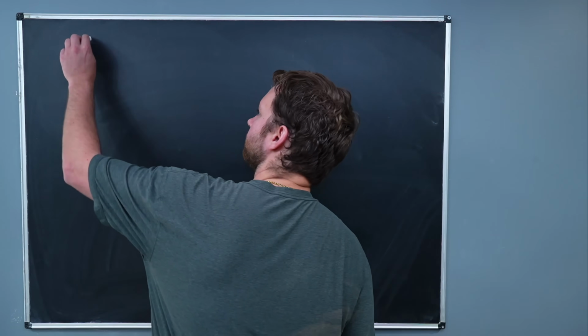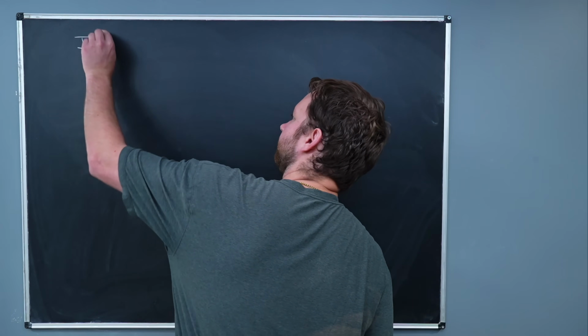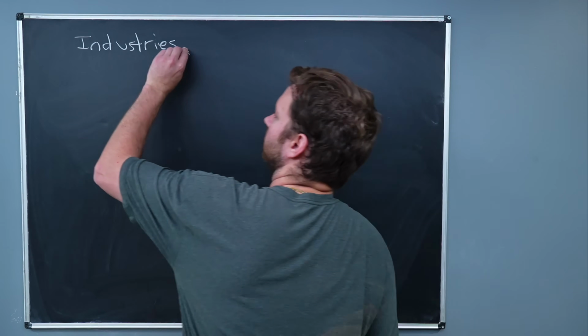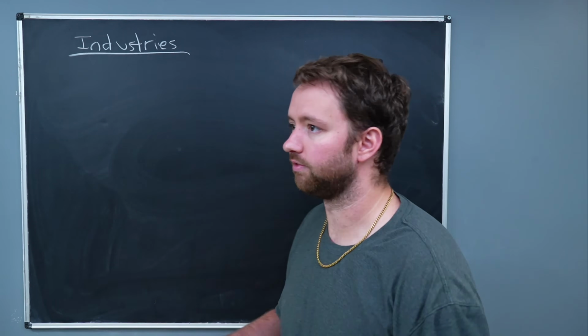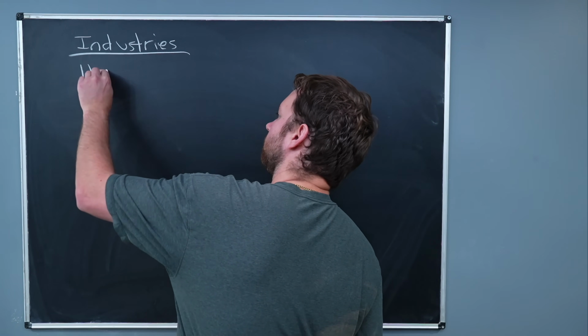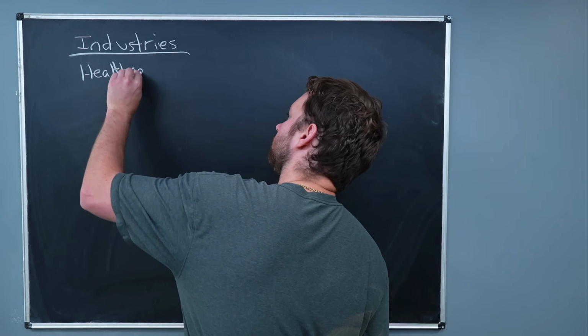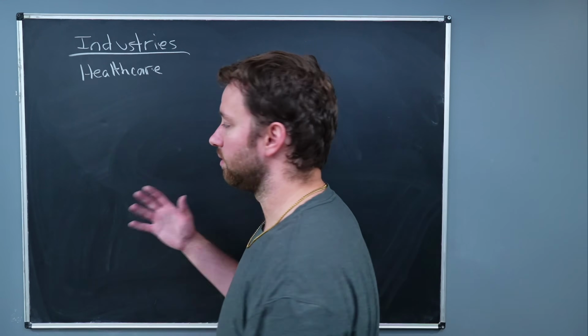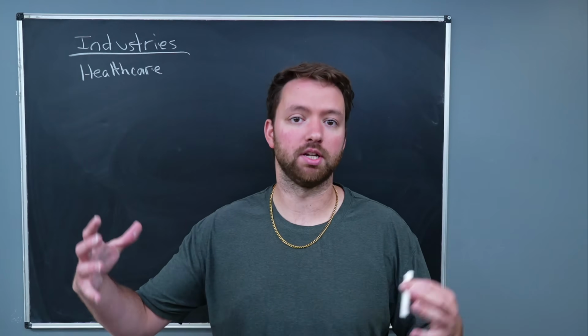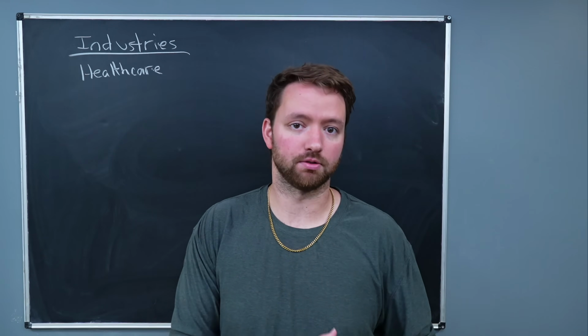So let's talk about industries and how AI has affected them. I'll keep this pretty quick so we're not going through a whole history of AI and its use cases. A big one is healthcare. AI can be utilized to recognize patterns and identify potential issues, usually faster than humans.